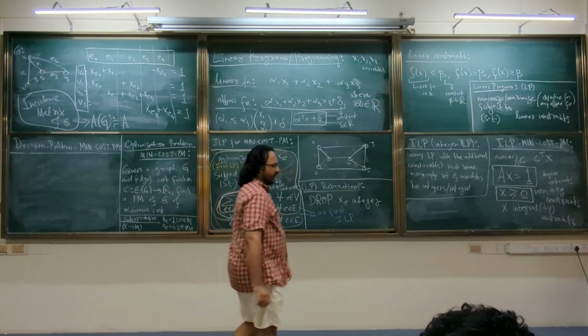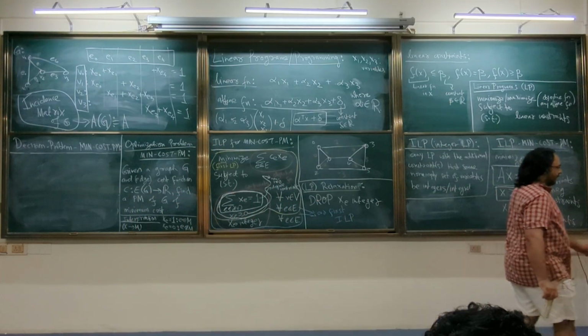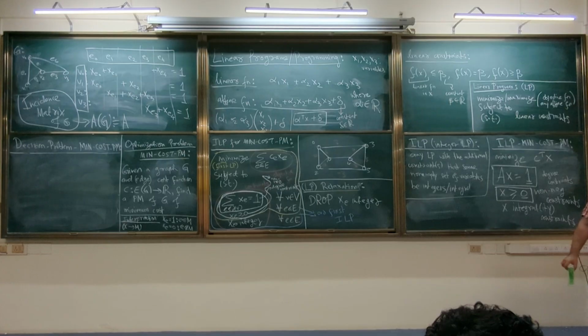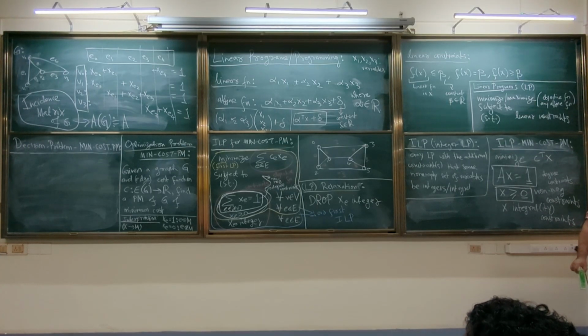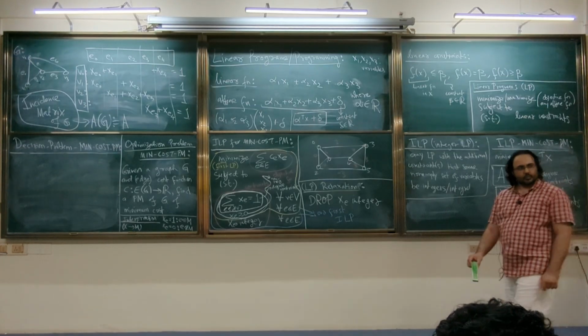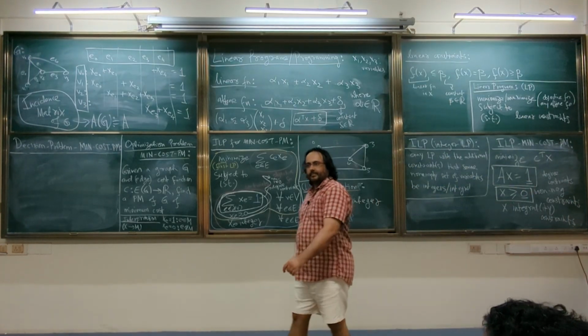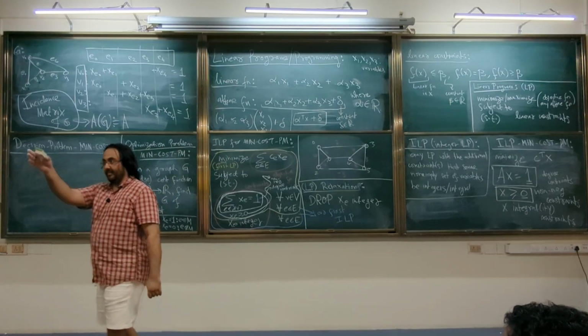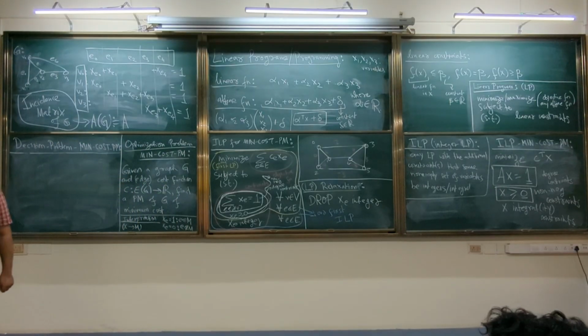So, can you try to guess what the decision problem is going to sound like? What do you think should be the corresponding decision problem? You want to answer the question like whether it is this cost.